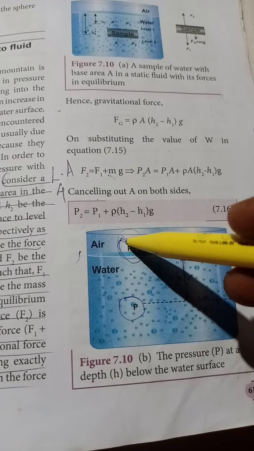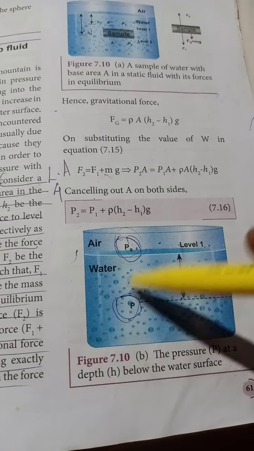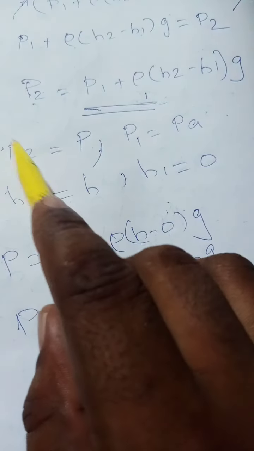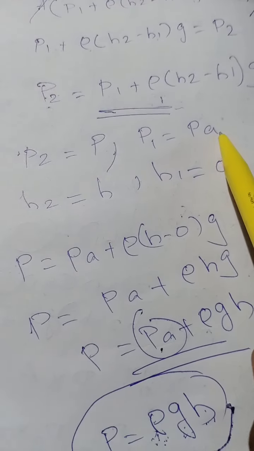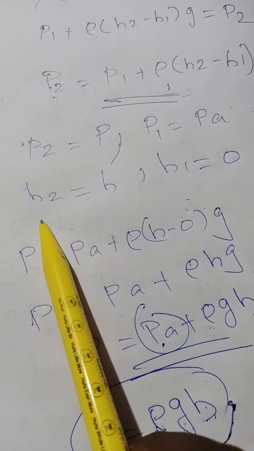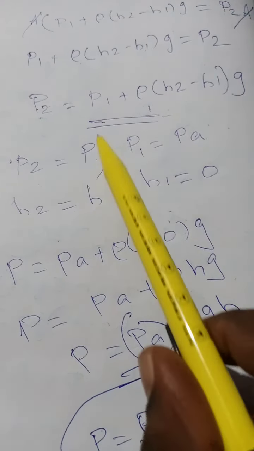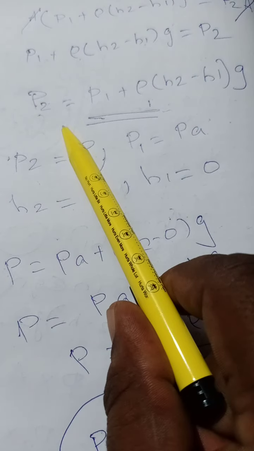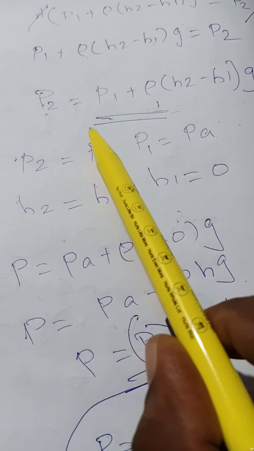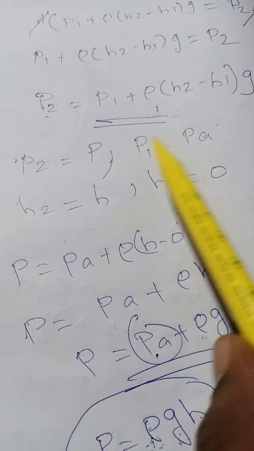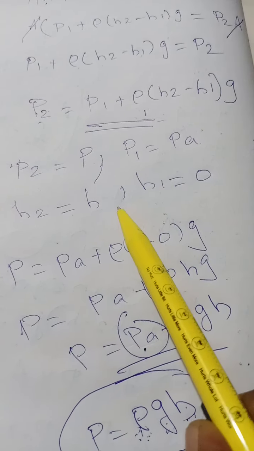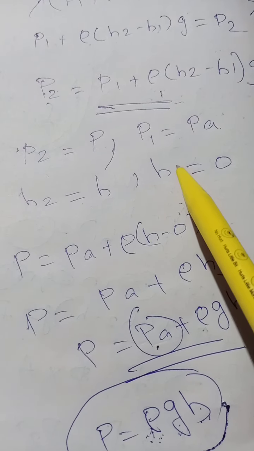P1 is the atmospheric pressure PA, and P2 is P. Now we substitute all these in this equation: P2 equal to P, P1 equal to PA, h2 equal to h and h1 equal to 0. So P is equal to PA plus rho into (h2 minus h1) into g we will get.